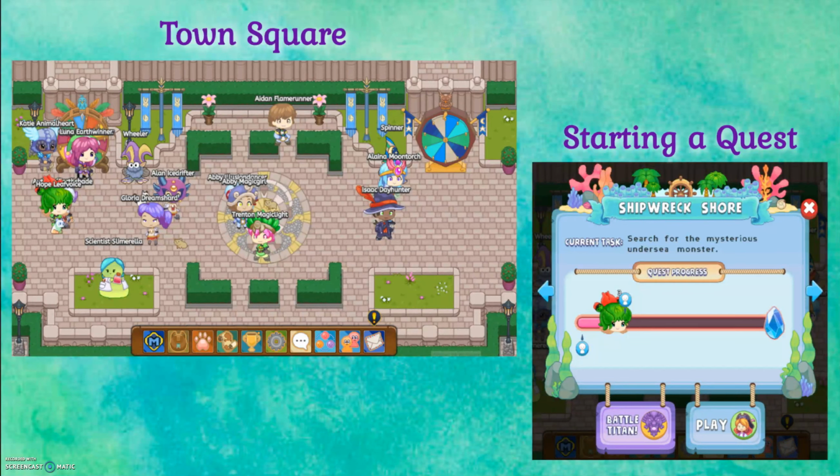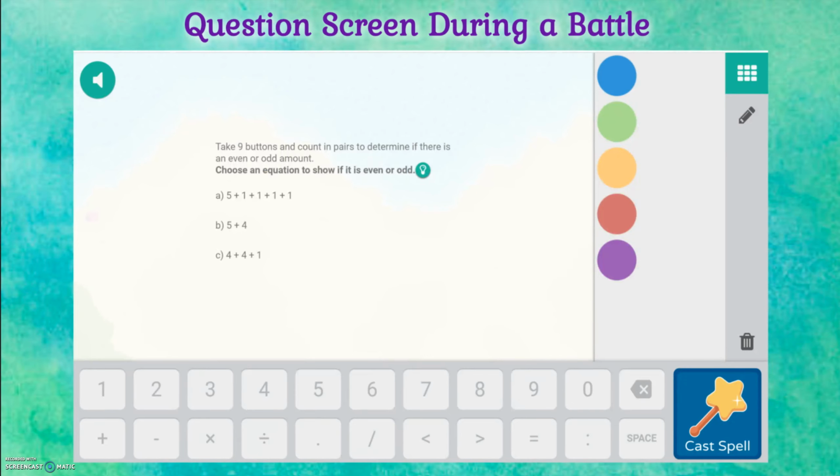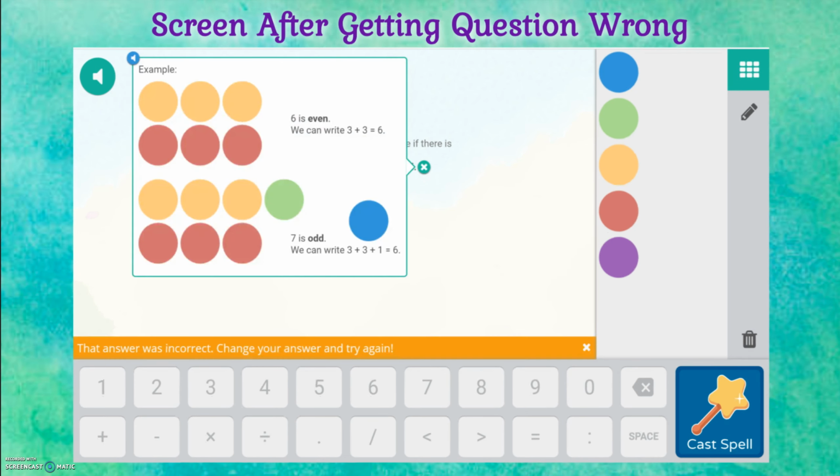Student accounts can be linked with parent emails so they can see weekly progress reports as well. When students are given a question, a variety of virtual manipulatives and visuals are available as a support. The questions can also be read aloud. If a student is stuck, a hint will appear to help them.